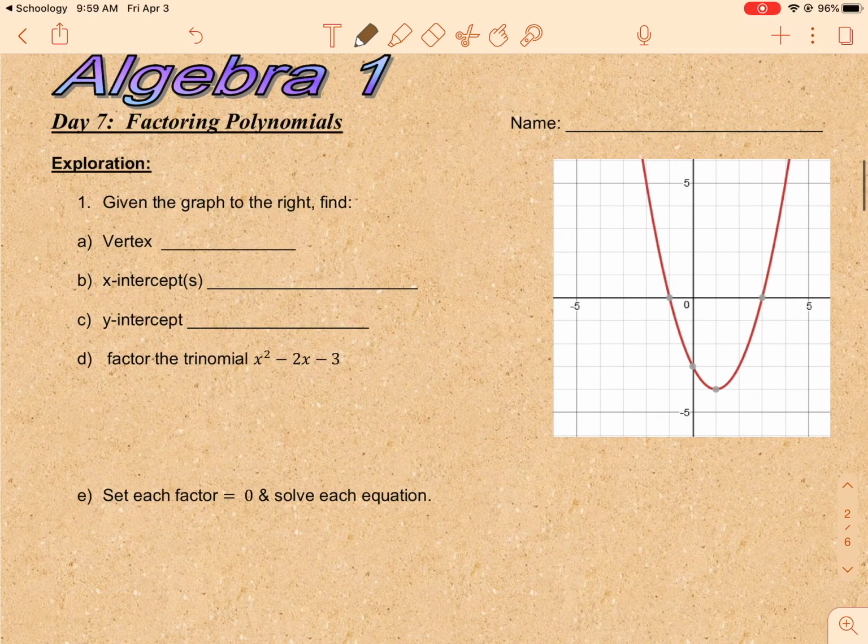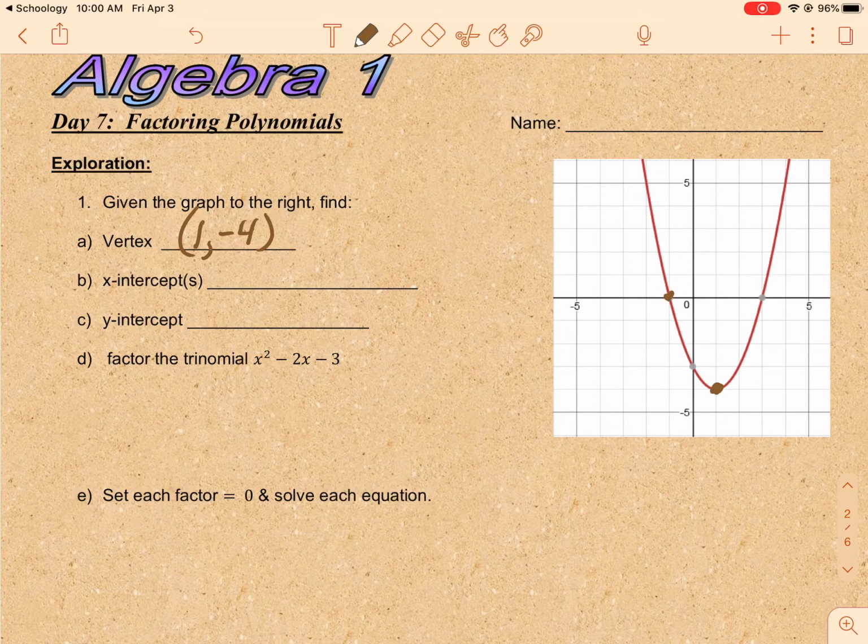From an exploration standpoint, looking at the graph on the right, we want to find the vertex. We know the vertex is the highest or lowest point, depending on if it opens up or down. So if we look, there is the vertex, and that's at the point (1, -4). The x-intercepts we know are where the graph crosses the x-axis.